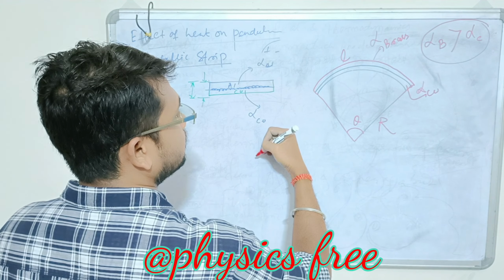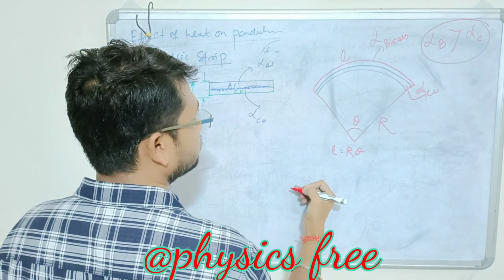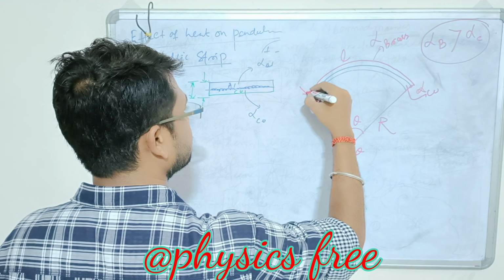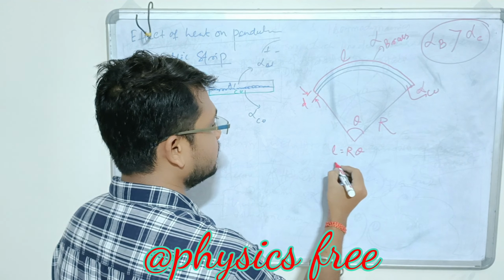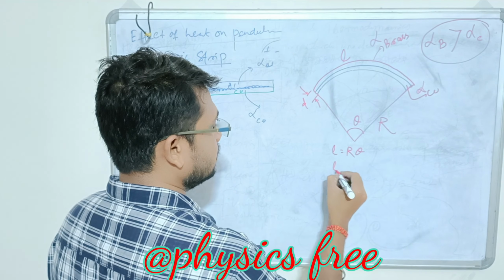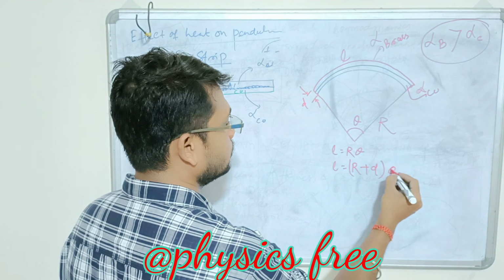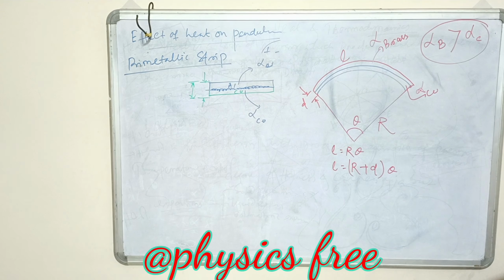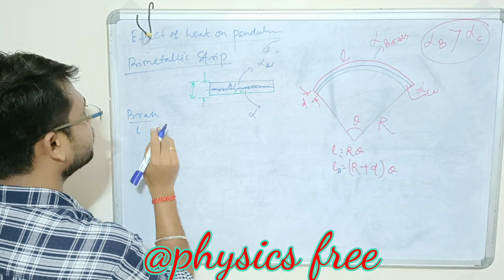L equal to R into theta. If this is the distance of the thickness d, then L equals R plus d into theta. So in case of brass, what is the formula of L?